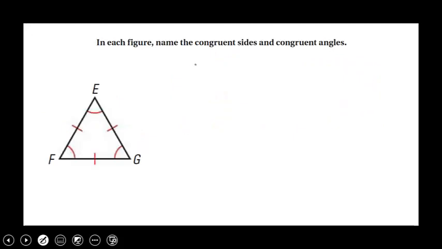Again, what are the congruent sides and congruent angles? In this instance, we're going to start with EF. EF has one slash.